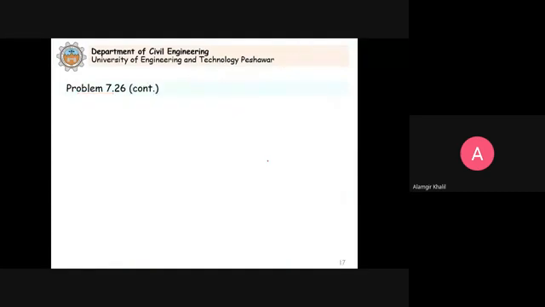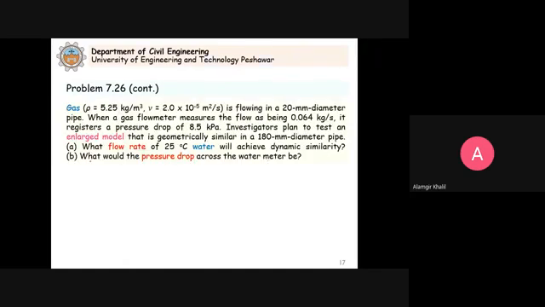Now next we have part B of the question. It says, what would the pressure drop across the water meter be? So in this case, we need the pressure scale ratio.